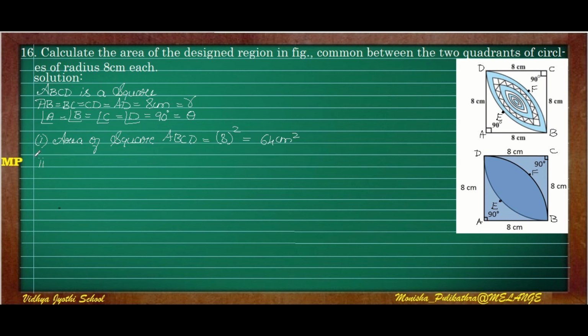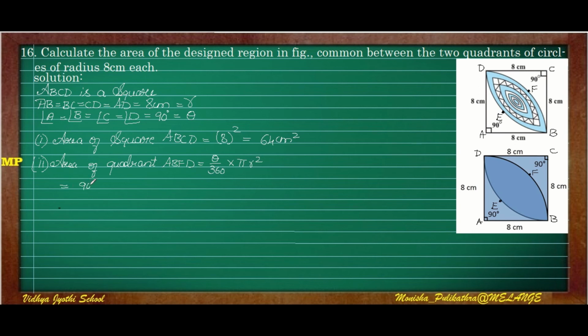Next we need to find out the area of quadrant ABFD. So this is the quadrant ABFD. From here you can see A, B, F and D. So this is a quadrant. So area of quadrant ABFD is equal to theta by 360 into pi r square.